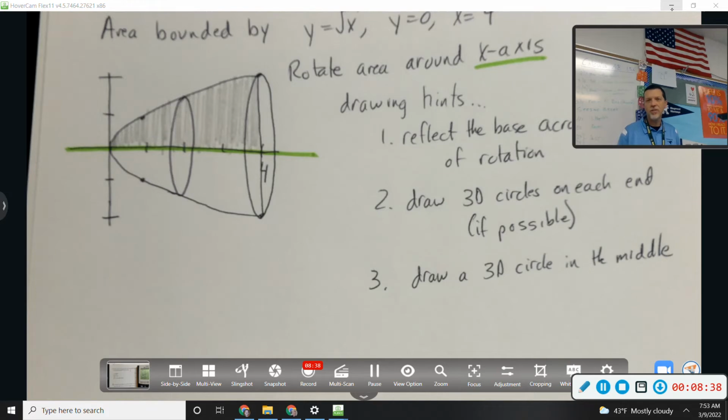Someone want to try to describe it? I heard a cone. It's kind of a rounded off cone. Any other descriptions of what you think that looks like? A volcano, like a sideways volcano, yeah. No one wants to say a bullet, I guess, but that's what I think when I see that.